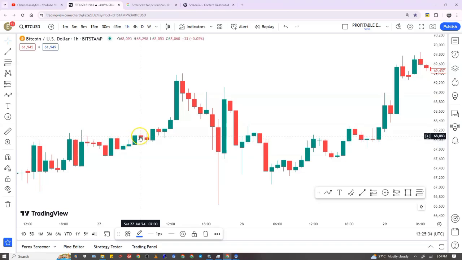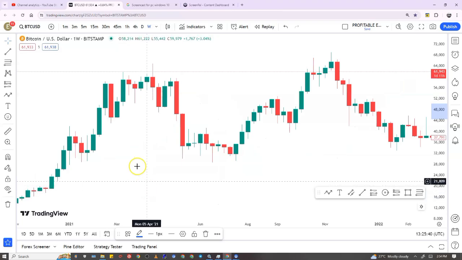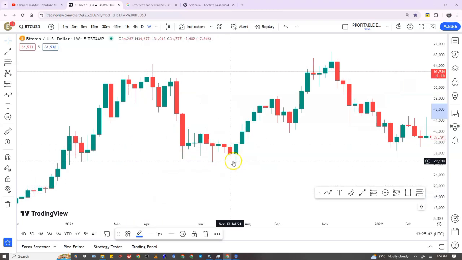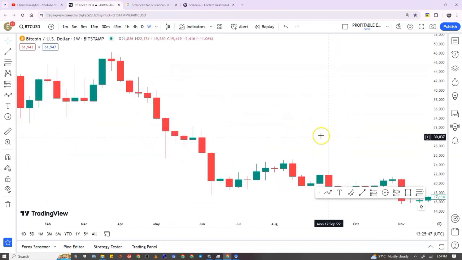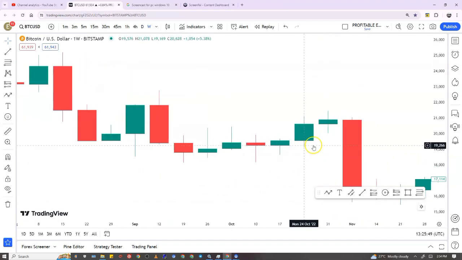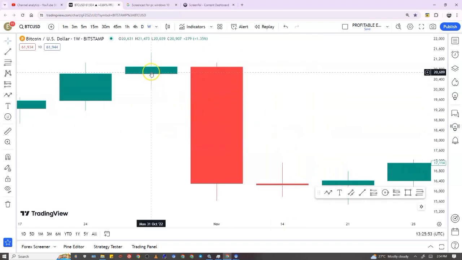When you put it on a 1 hour time frame, each candle represents one hour, be it red or green. You can see this was around 2 o'clock, then this was around 3, this was around 4, 5, 6, and this was around 7 o'clock. Very easy. So when you take it to the weekly time frame, each of them represents a weekly candle.